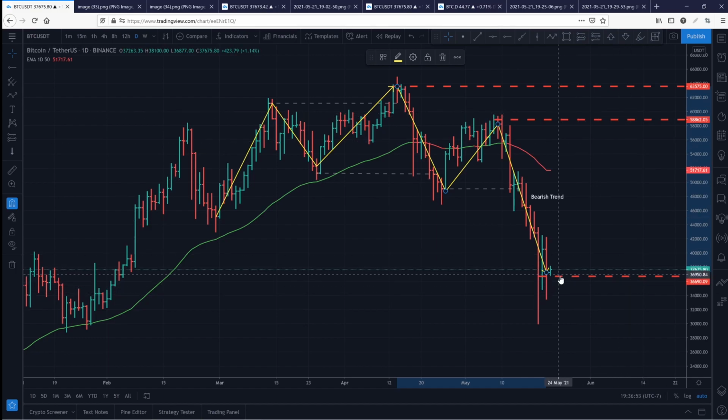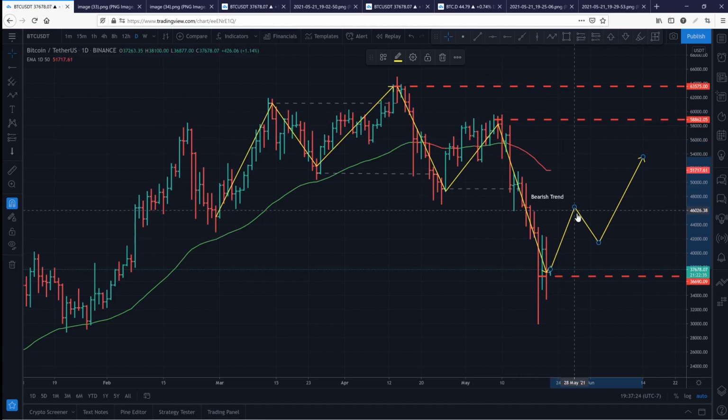What we're going to want to do is establish a new set of higher highs and higher lows, and at that point we can start considering a bullish bias if we can make the same sort of move to the upside. But I wouldn't be too bullish until we can cross over this previous high.